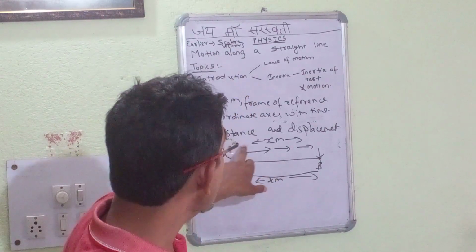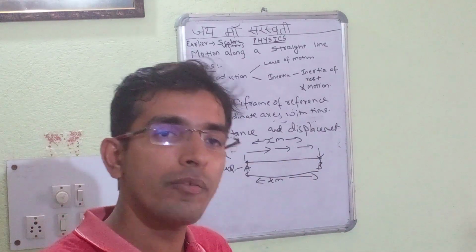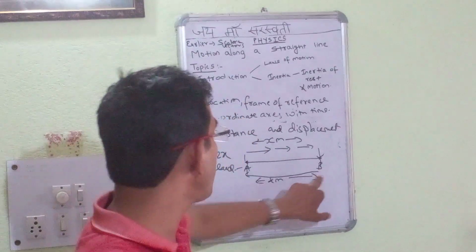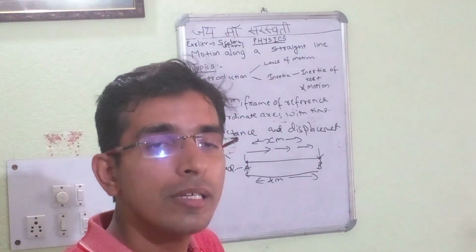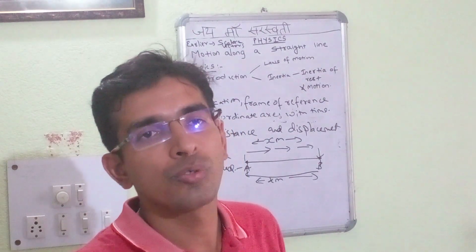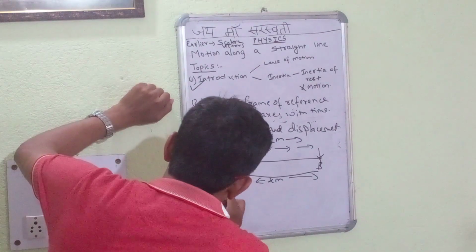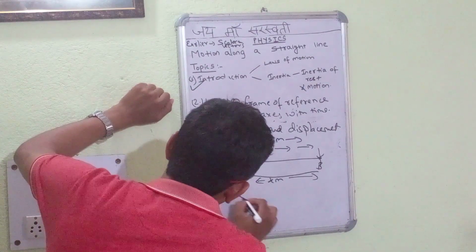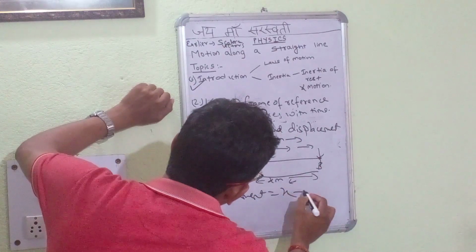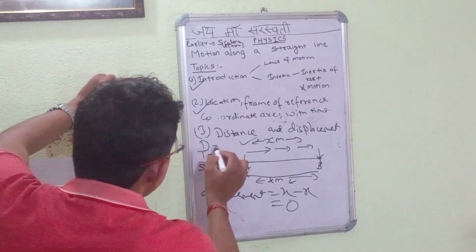In that case the total distance from A to B is x meter, and if it moves back and forth, that is from B to A, then in that case the direction will come into the picture. It will be minus x. So plus x and minus x. So whenever we are calculating the displacement, the displacement will be plus x for this part, and this will be minus x. So displacement will be 0 and the distance will be 2x.